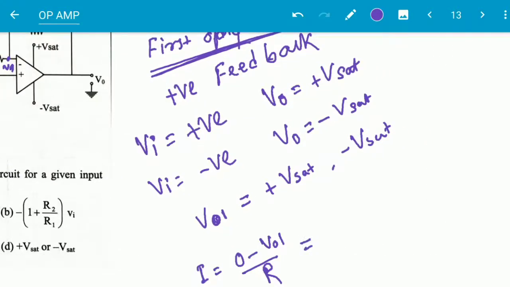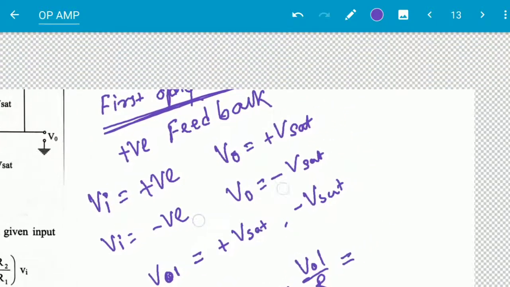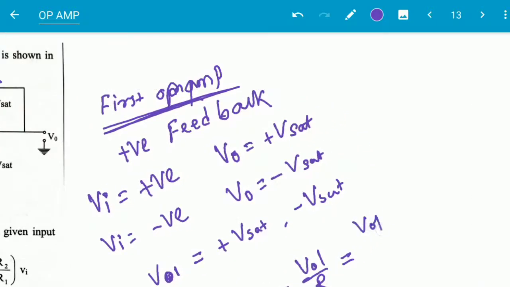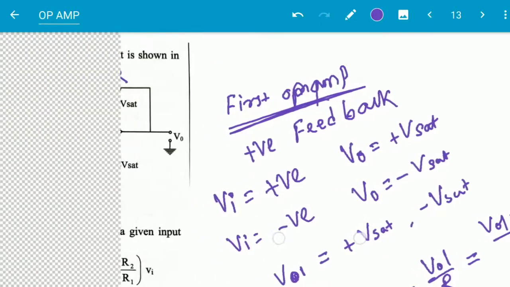And the same current will be equal to minus V01 by R, and the same current will flow through V01 minus V output by 2R here.